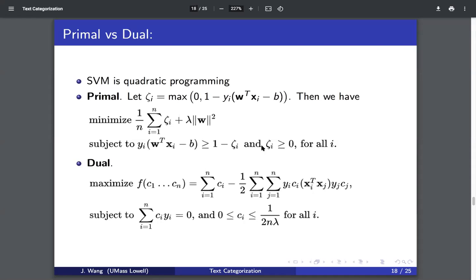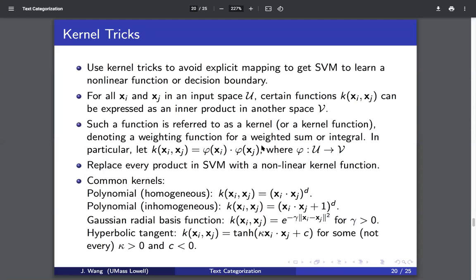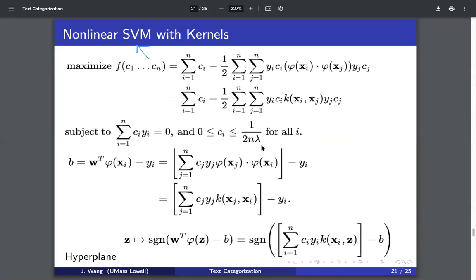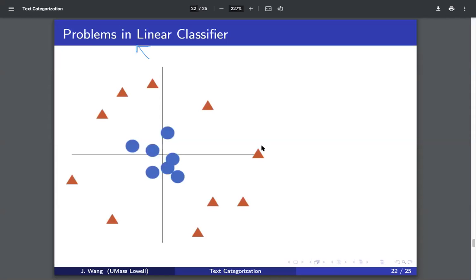That is under the assumption that your data points are separable or almost separable by a hyperplane. Remember that. But it may not always be the case, then we have to use the kernel trick. This looks like a busy slide, so before we talk about this, let's look at an example so that you have some idea why we are doing it.